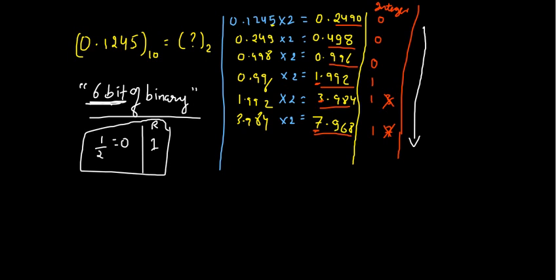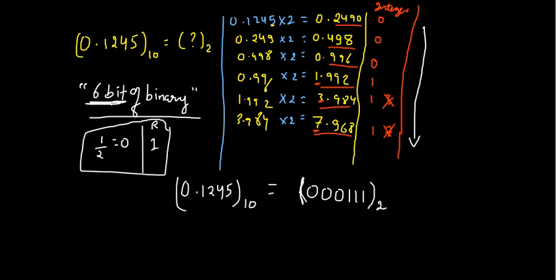Our answer is going to be 0 0 0 1 1 1, with the decimal point. Let's remove the decimal just this way. Now just write base 2. So this is the answer for our 0.1245 in base 10.